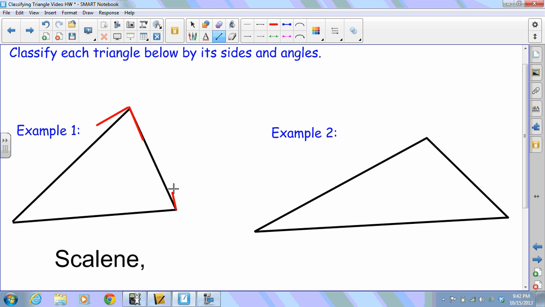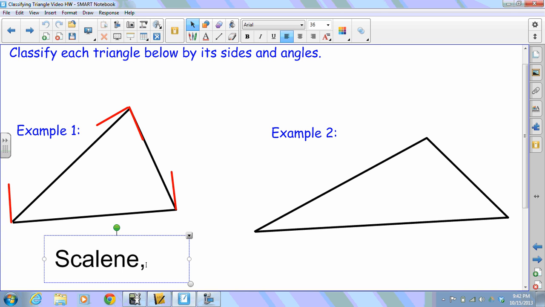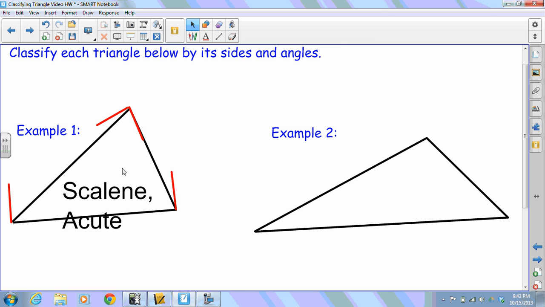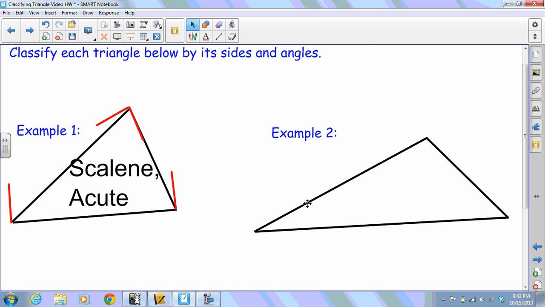And then you could come here and do the same thing. Okay, that's a right angle, so that angle's acute. And here, so I have three acute angles, three angles smaller than 90 degrees. So this is an acute triangle. And example 2, same thing with the sides.